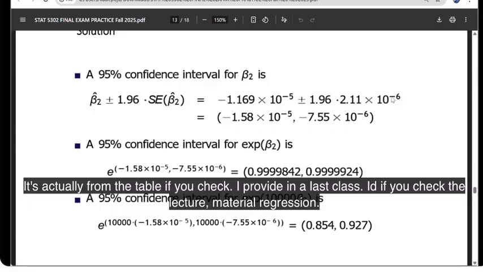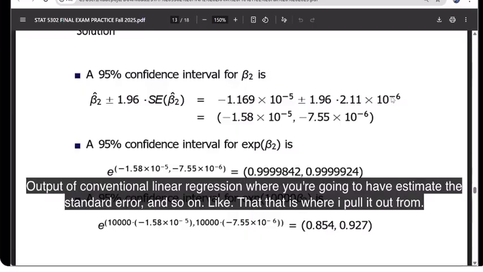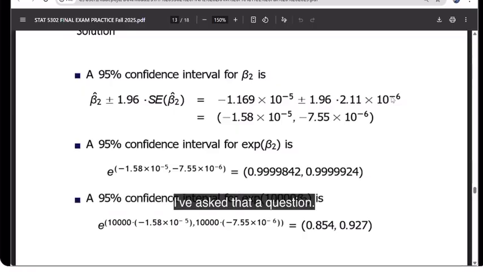If you check the lecture material on Poisson regression that I provided in the last class, you're going to see the output that I generated. The output looks like the output of conventional linear regression, where you have the estimate, the standard error, and so on. That is where I pulled it from. Have I answered your question? Yeah, okay, thanks. You're welcome.